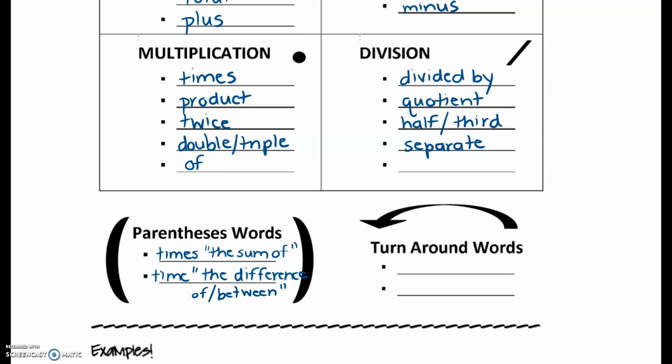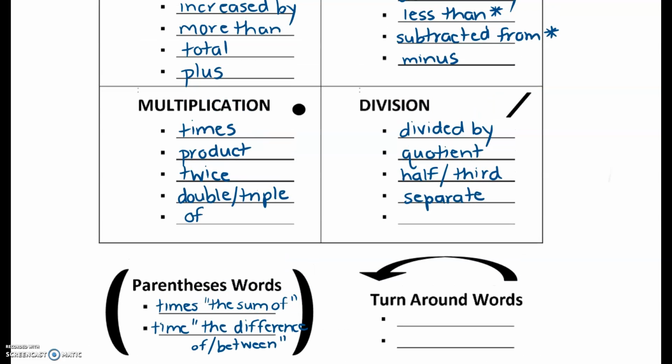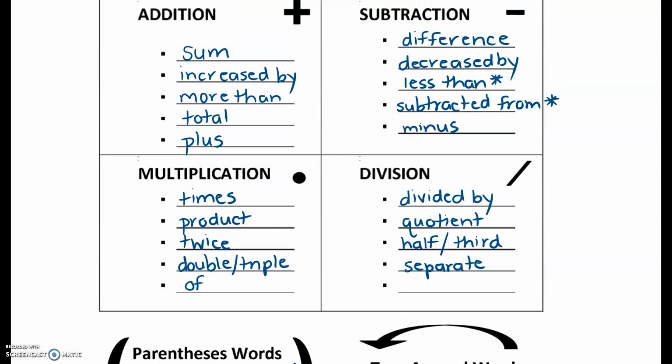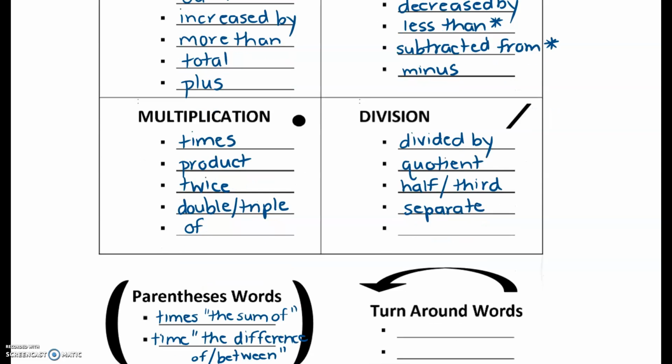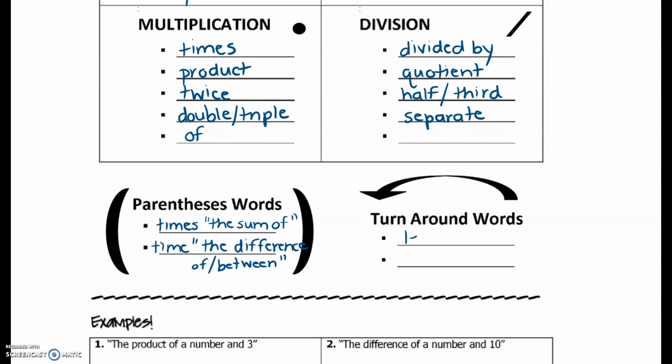You'll see these as we go through our examples, and I think it will make a little bit more sense as we go. Now, the other phrase, if you remember in the subtraction box, we talked about starring two of the examples here, less than and subtracted from. So, those are the two phrases that we're going to place in this turnaround word box. When we see the phrase less than or subtracted from, we actually have to write the expression in the opposite order than what it is written.